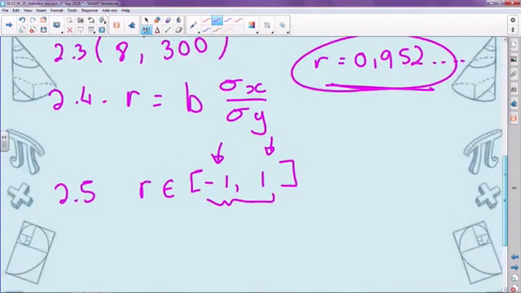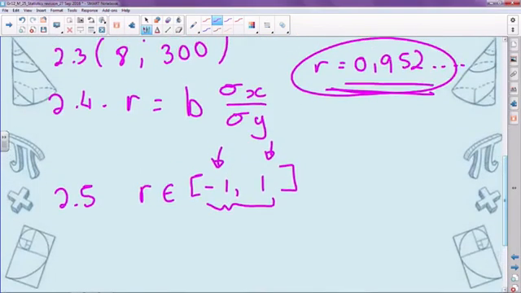All right. Now, when R is equal to 0,952, you see that that value is very close to the +1 value.